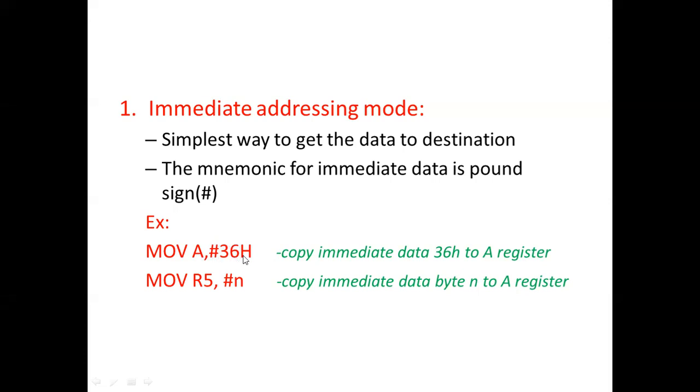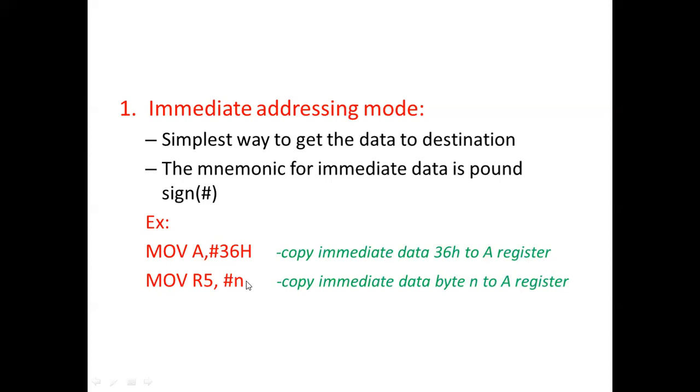The data here is 36, and H represents hexadecimal. MOV is a mnemonic for copying data. So this instruction says to move the immediate data, that is 36, to the accumulator.